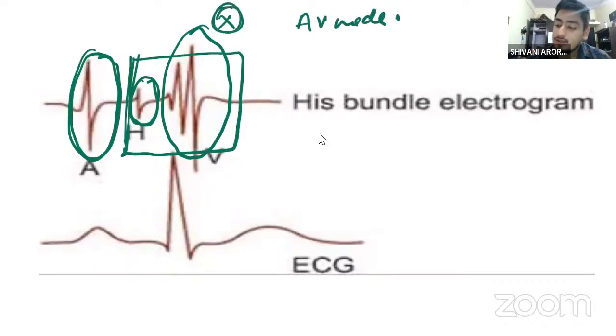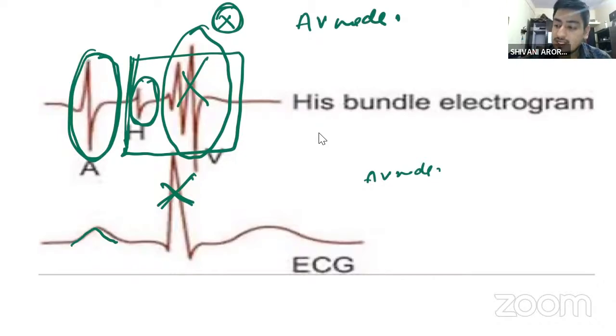Since we have this second degree AV nodal blockage, this QRS won't be there. This P wave is not followed by any QRS complex. So in His bundle electrogram, the V wave won't be there, that is for sure, and the A wave would be there, that is again for sure. So we have to see the H wave only.